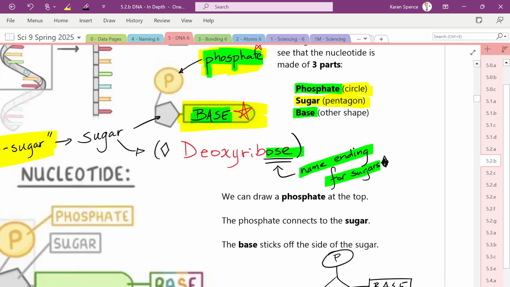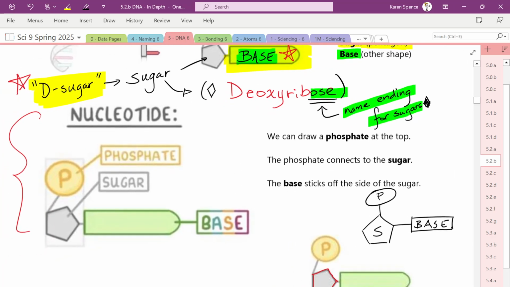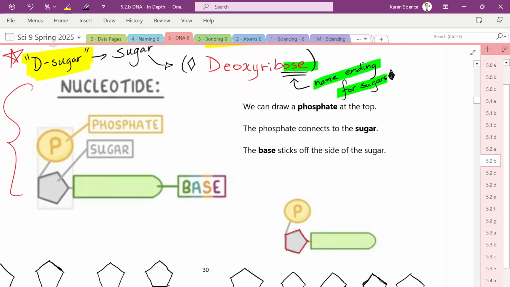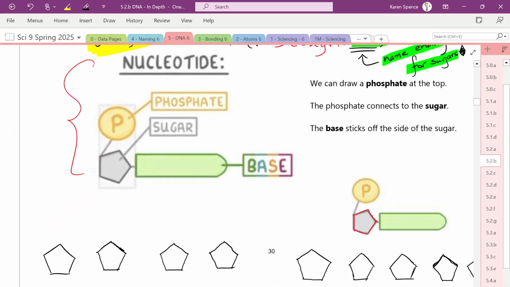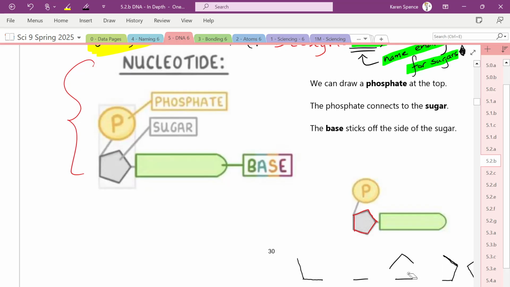So this nucleotide, here we go, we have the phosphate, we have the sugar, we have the base. And they're all kind of drawn on a little angle. So if you wanted to draw a pentagon, I'm using this from last year. I don't know why I'm using last year's, but one thing that I'd like you to do right now, because it can be a little bit challenging, is to actually practice drawing a pentagon.